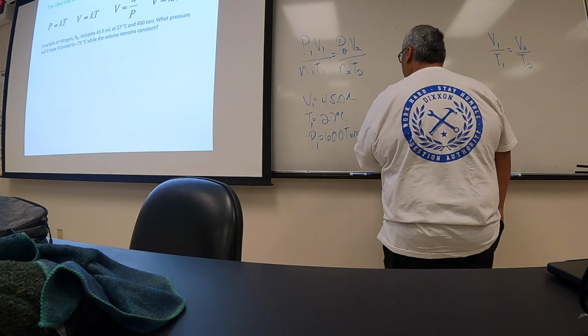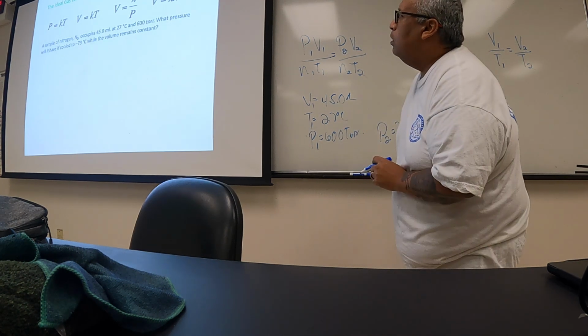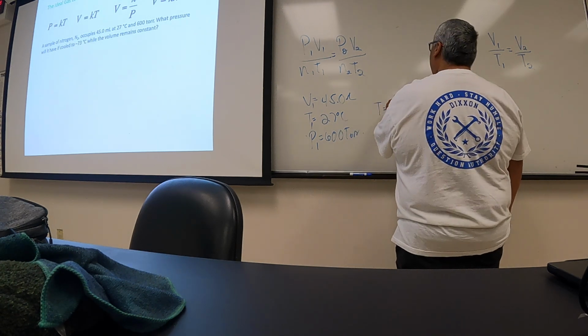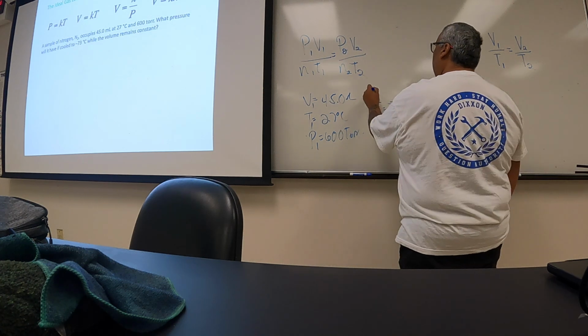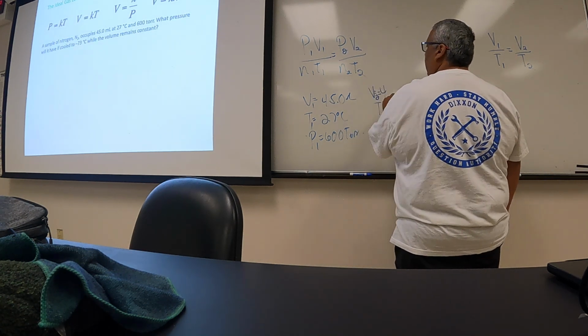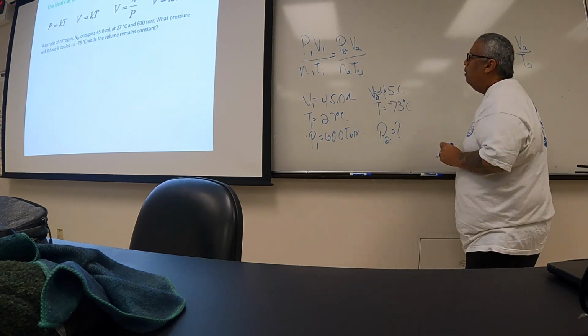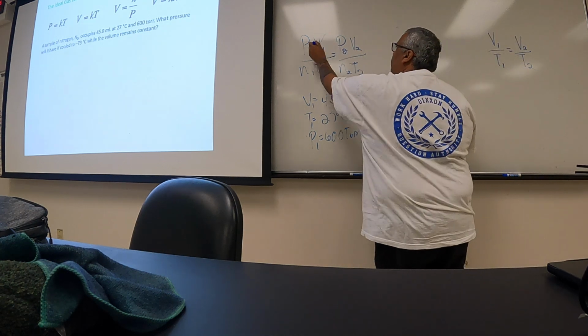What will the pressure be if we cool it to negative 73 degrees Celsius and the volume remains constant? Well, since volume didn't change and it's constant, we don't need to consider that.